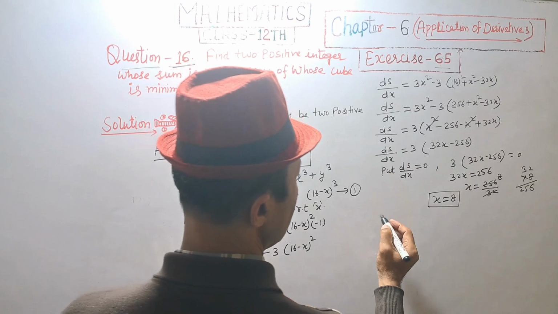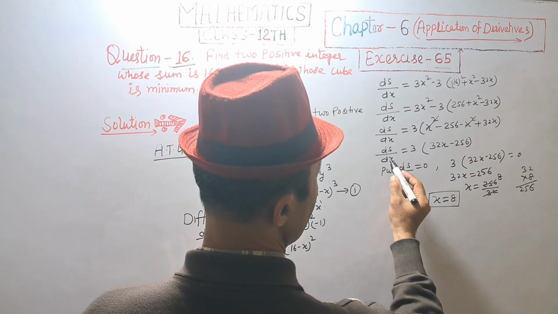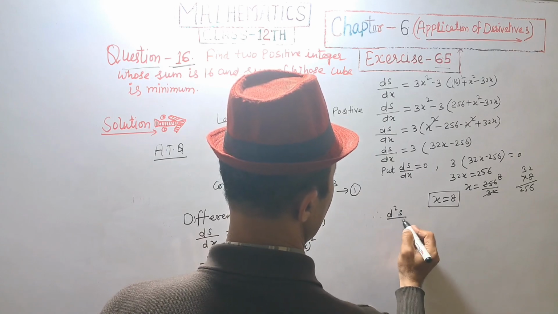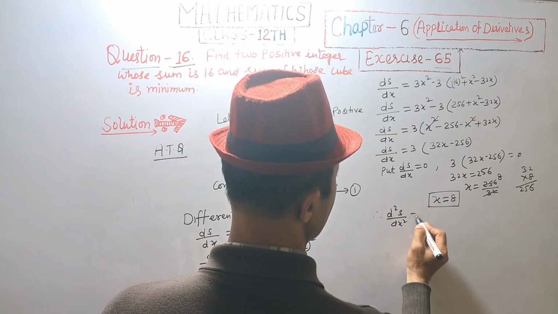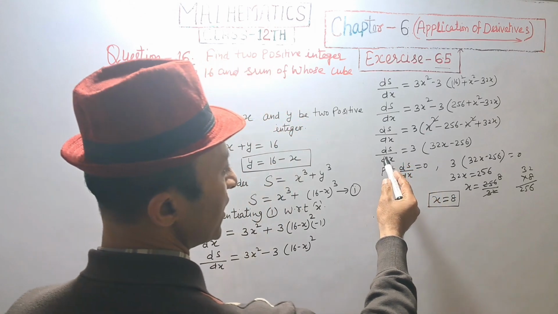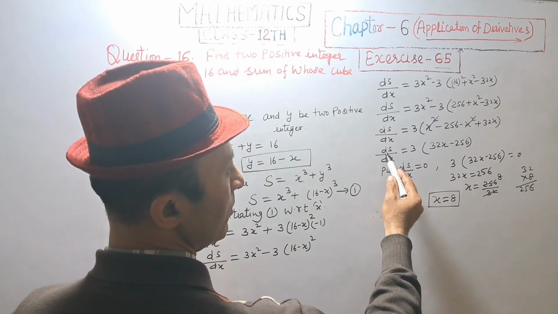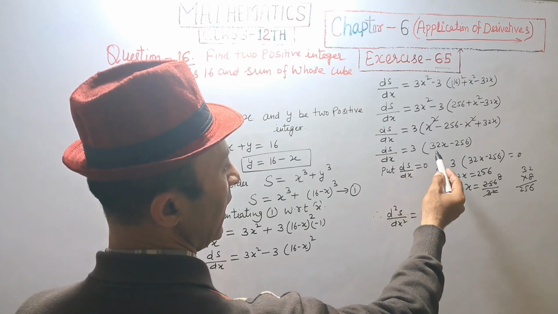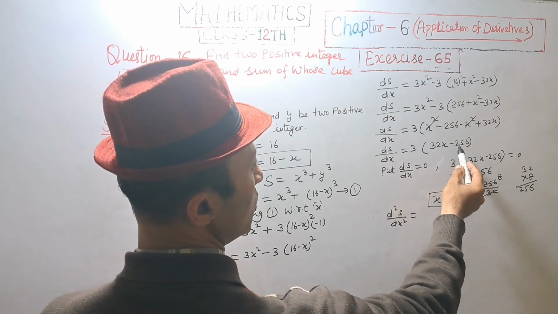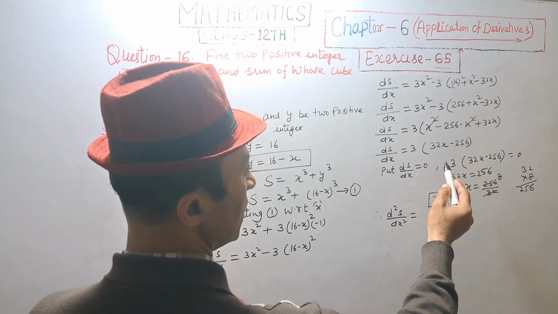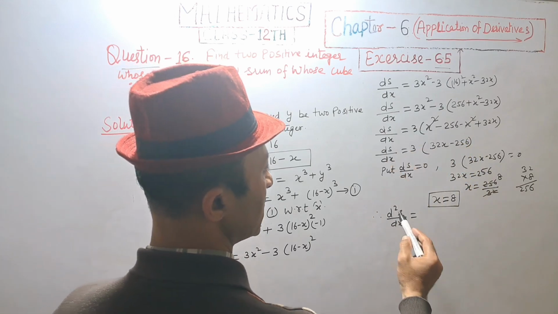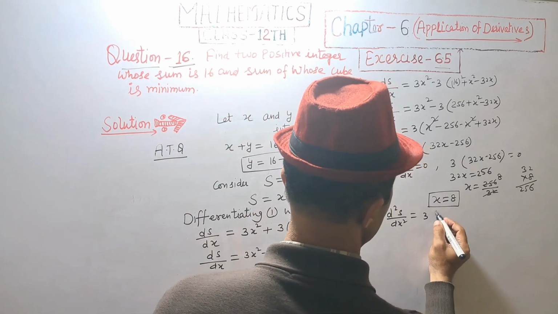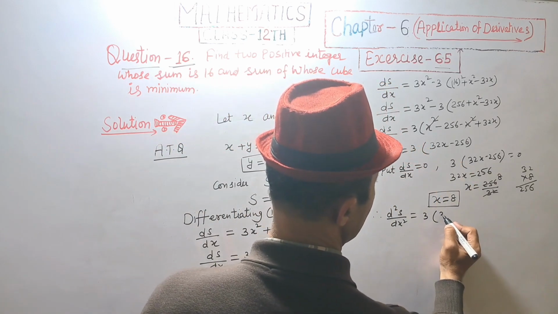And double derivative, so d square S upon dx square is equal to differentiation of dS upon dx, which is 3 common and 32x minus 256 in bracket. So once again differentiation, d square S upon dx square is equal to 3 into 32.